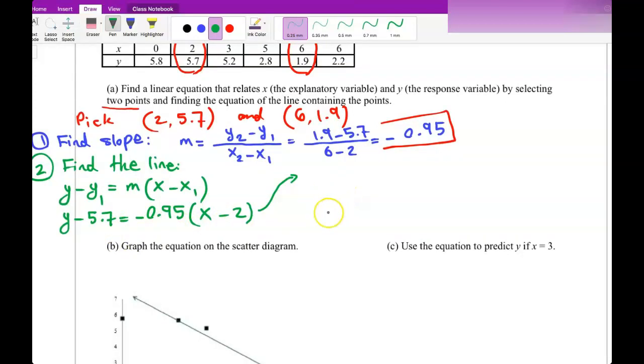At the end, we want our line in the form of slope-intercept. So y minus 5.7 equals, using the distributive property, negative 0.95 multiplied by x, then negative 0.95 multiplied by negative 2 is positive 1.9. Now add 5.7.